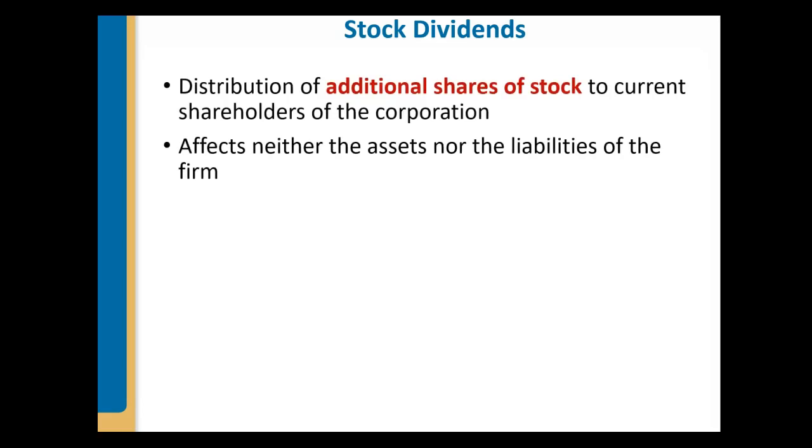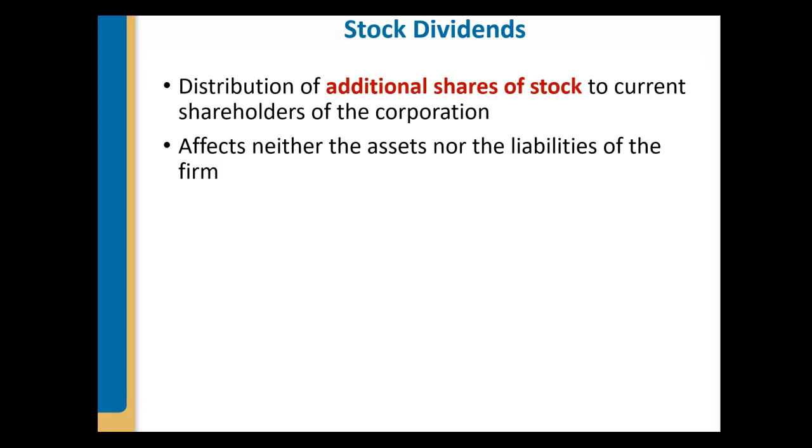A stock dividend is the distribution of additional shares of stock to current shareholders of the corporation. Note the contrast between a stock dividend and either a cash or property dividend. A stock dividend affects neither the assets nor the liabilities of the firm, because each shareholder receives the same percentage increase in shares.